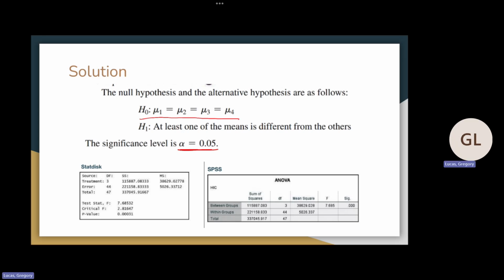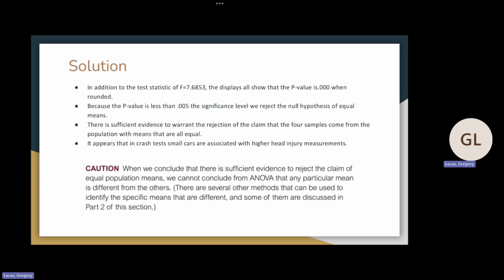So we have our degrees of freedom. We don't really care about sums of squares, mean squares. What we're looking for is this F value. F is 7.685. So that will be on our distribution, that large value. Let's see what this means.